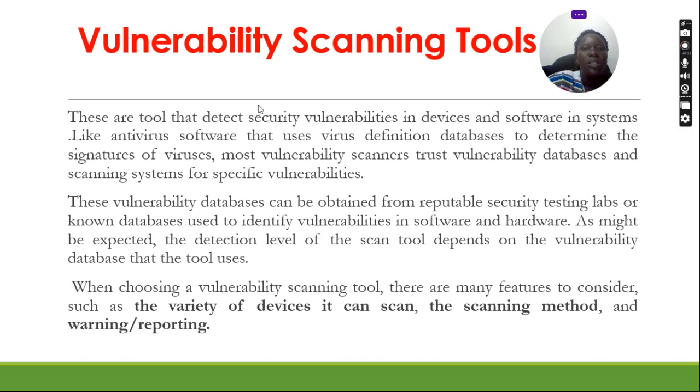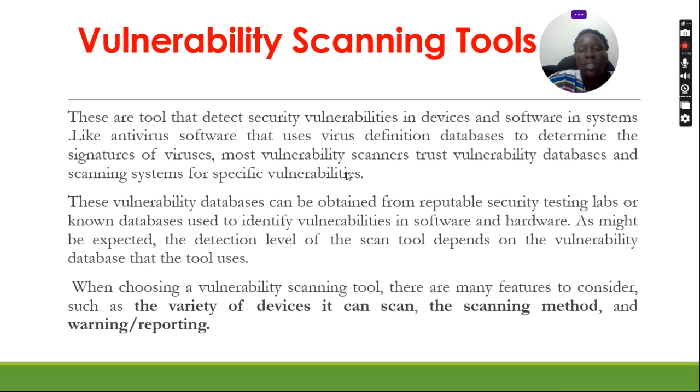Now here, look at the tools that are used for scanning vulnerabilities. These are tools that detect security vulnerabilities in devices, software, and systems. Like antivirus software, which uses a virus detection definition database to determine the signature of viruses.